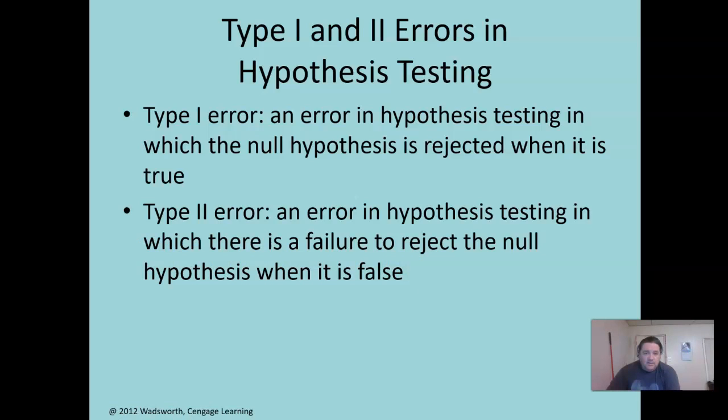So that means we are going to not reject the false null hypothesis. So we get a false negative. So this one is a false positive, and this one is a false negative.